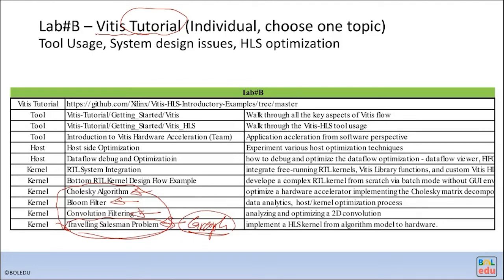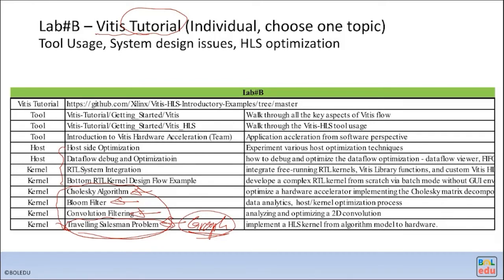And other than that, you have a lab on system hardware and software co-design issues. You can think of this as an advance of lab A. Again, for this lab, you choose one topic and work on it. And I want all the students to cover all the topics, not all the students choosing one topic.